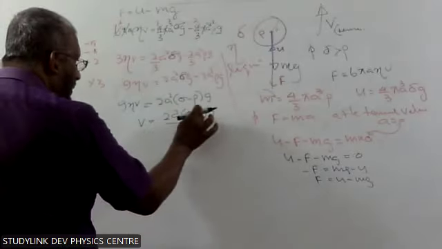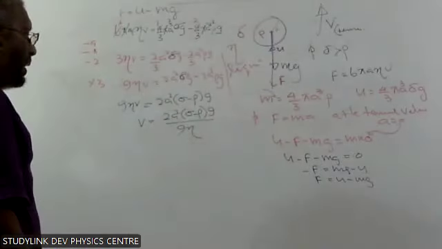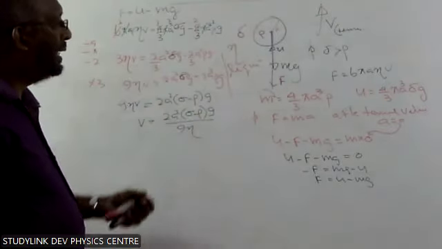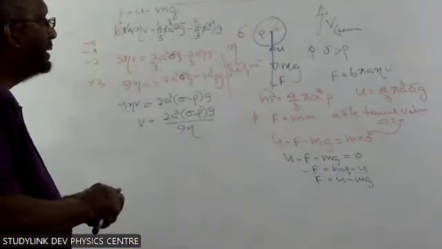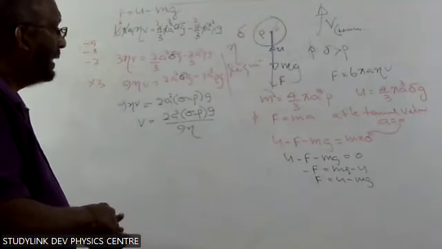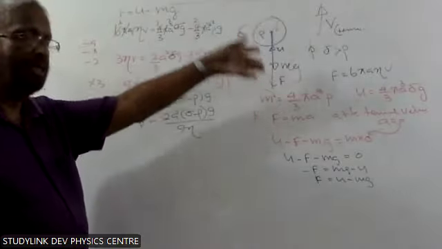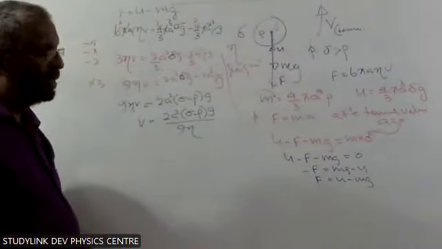Only the difference: earlier it was rho minus sigma, this is sigma minus rho. Because the sigma value is greater and the rho value is less, that is the reason it goes up. Note it down.